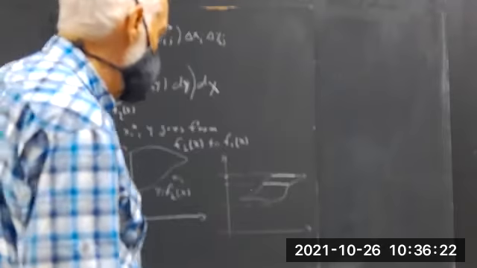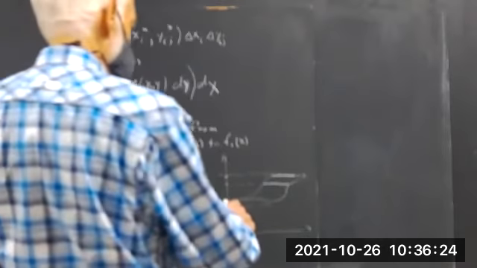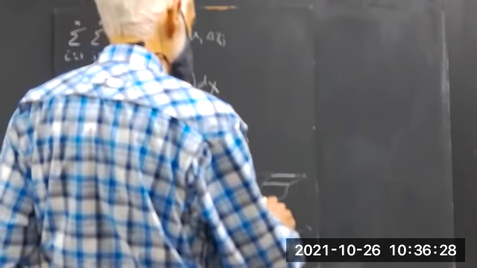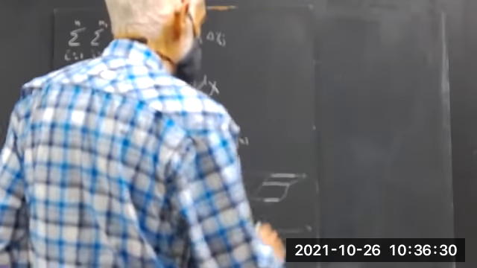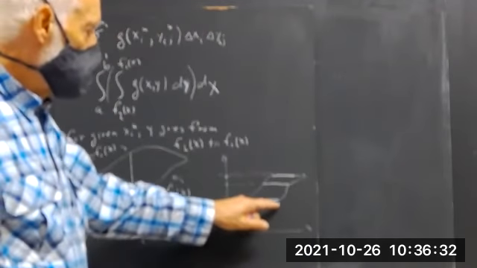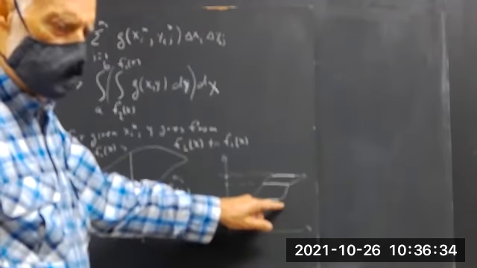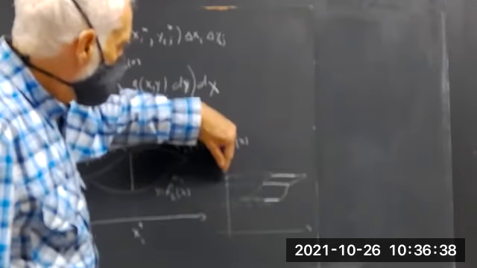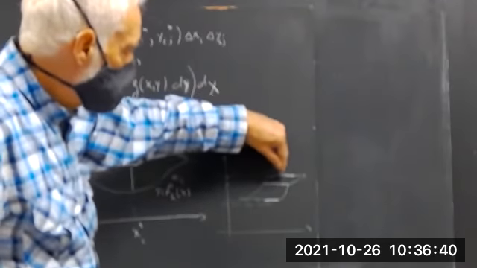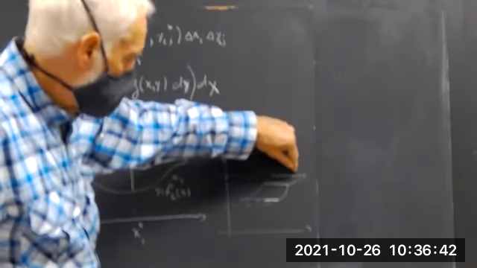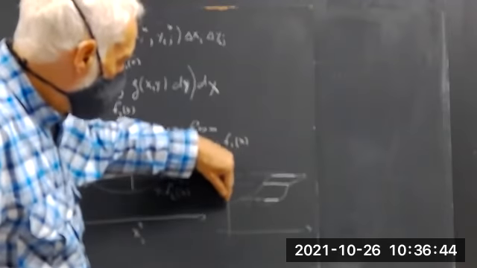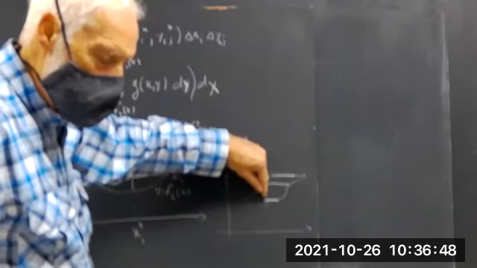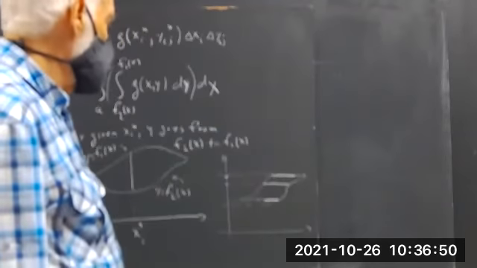And down here, we have a similar situation where x goes from a point of the F2 graph to a point on the F2 graph.